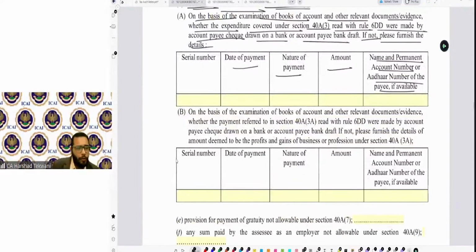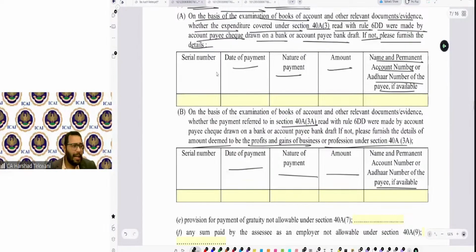Same way you have for 40A(3). If it is not paid through account payee cheque drawn on bank, then details of amount deemed to be profits and gains of business or profession: date of payment, nature of payment, amount, and PAN and Aadhaar of the payee if available.